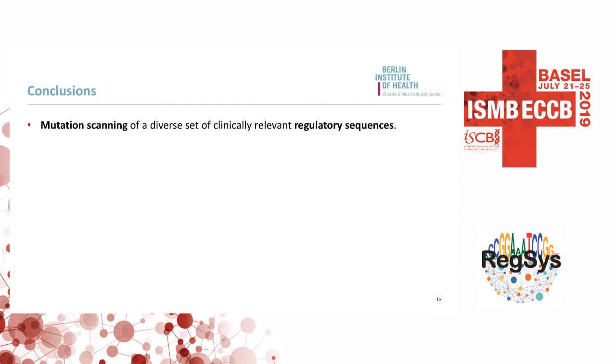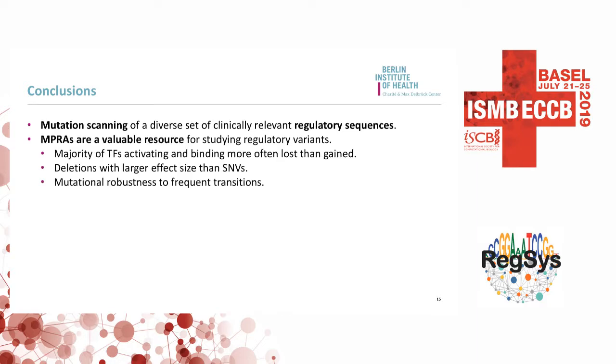So to conclude, I showed you this MPRA, this mutational scanning of these 20 regulatory elements. And from our findings, we think these MPRAs are really a nice way to get quantitative readouts for all these elements. So we have all these elements now, and you can look up your variant of interest and see what kind of effect it has on transcription.